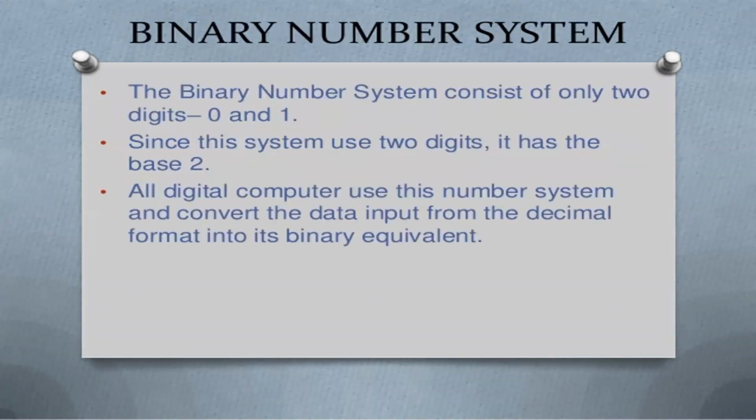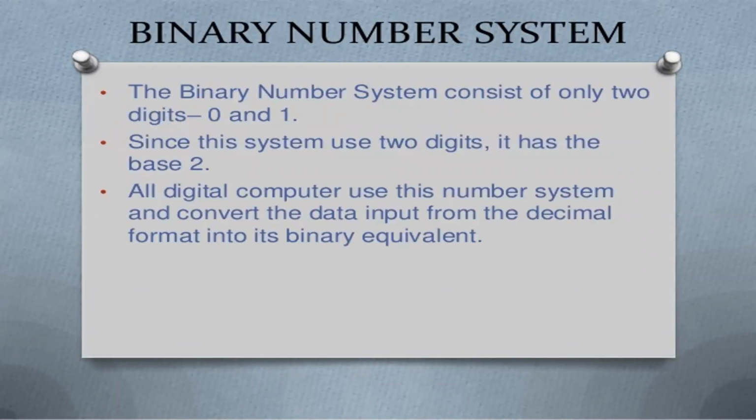Then we have binary number system. Bi means 2. So it has only 2 digits, 0 and 1. This also we had seen, the reason why it has only 0 and 1. Now because this system uses only 2 digits, the base or radix is 2.